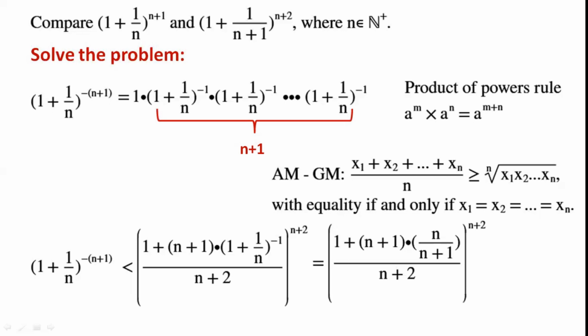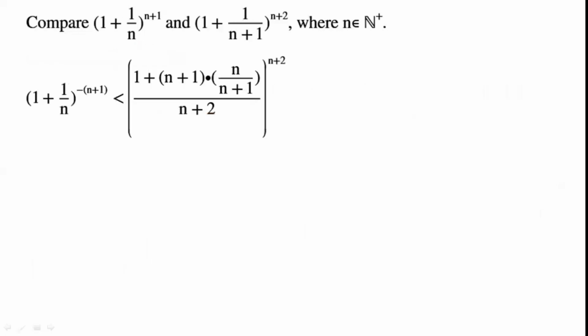We can write (1 + 1/n)^(-1) as n over n + 1. n + 1 and n + 1 in the denominator cancel.